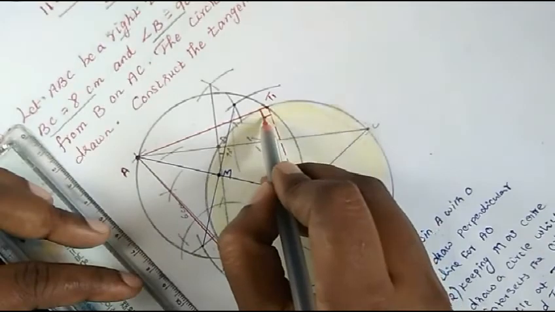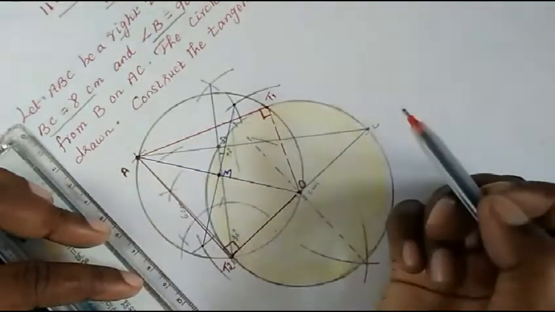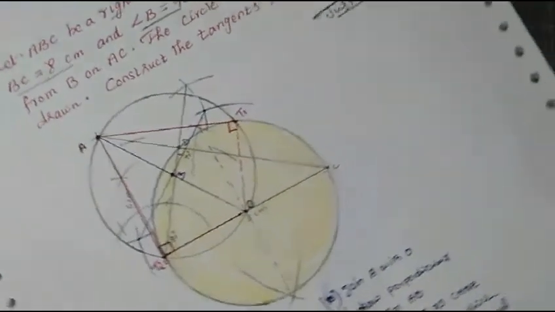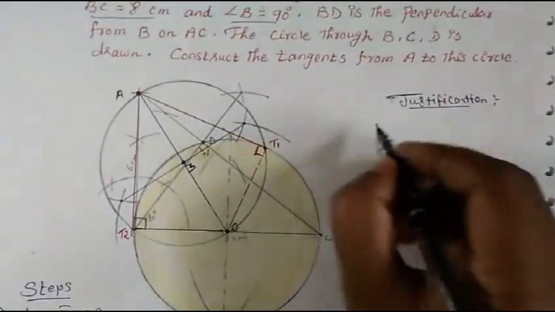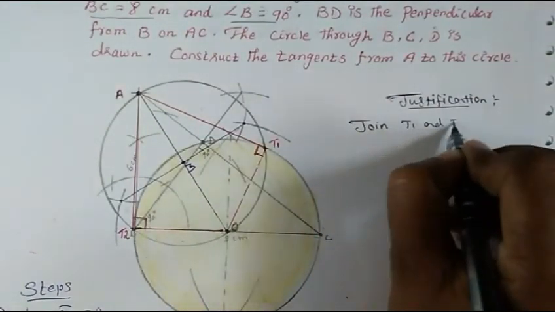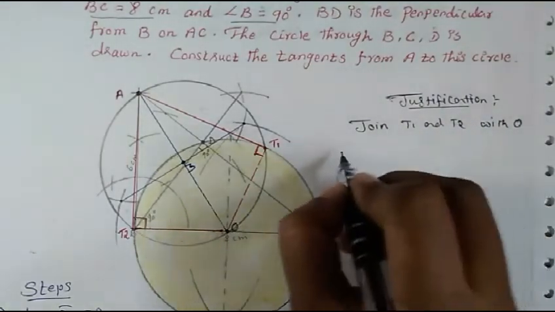Already we know this is 90 degree and this is the radius. That means this has to be a tangent only, so that only we have to write. So join T1 and T2 with O.